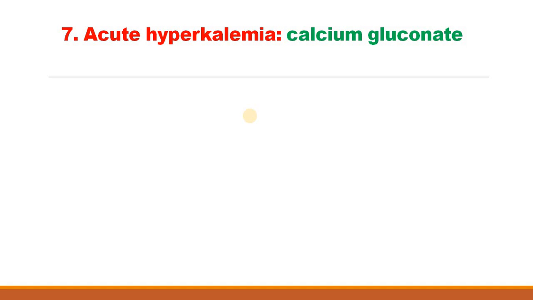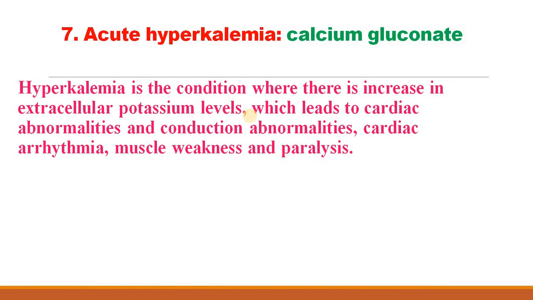Now, acute hyperkalemia. In case of acute hyperkalemia, calcium gluconate is used as the drug of choice. First of all, I will explain hyperkalemia. If you divide this term, hyper means extra, and kalemia means potassium concentration.